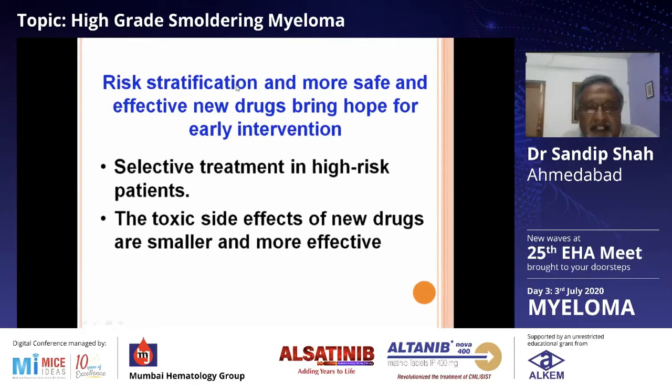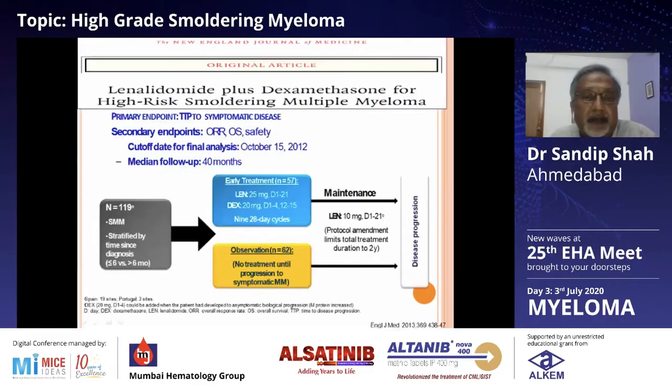But after this risk stratification, and with safer and more effective new drugs available like lenalidomide, selective treatment of high risk patients may delay the progression of these patients to multiple myeloma. The toxic side effects of the new drugs are also small and the drugs are more effective, particularly lenalidomide.